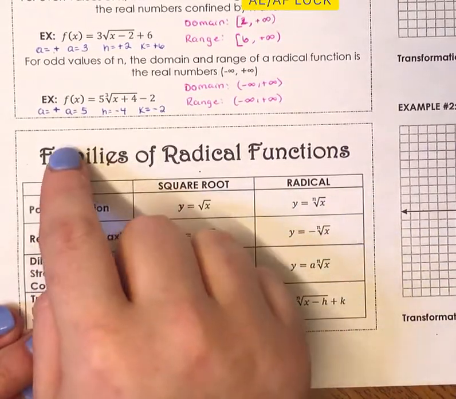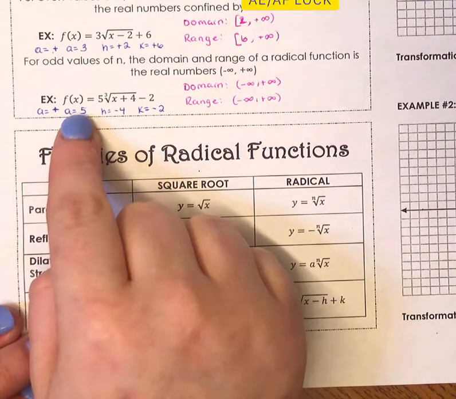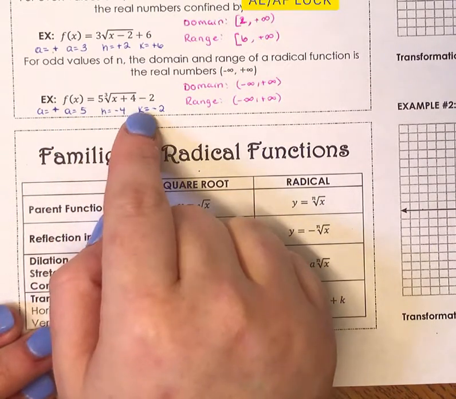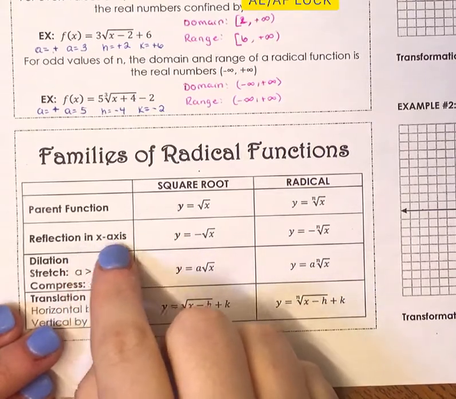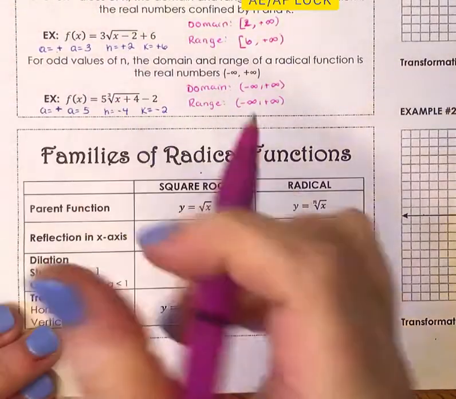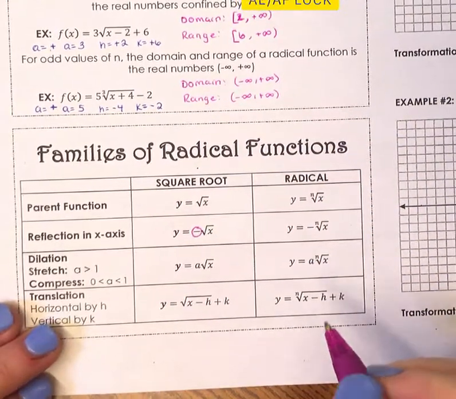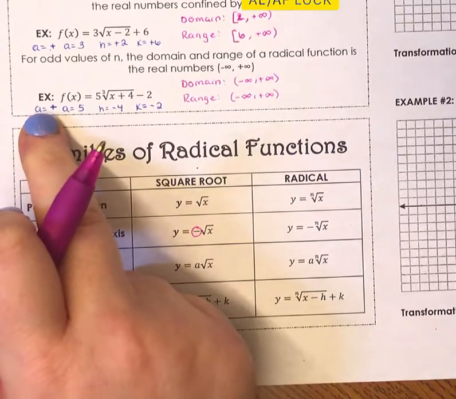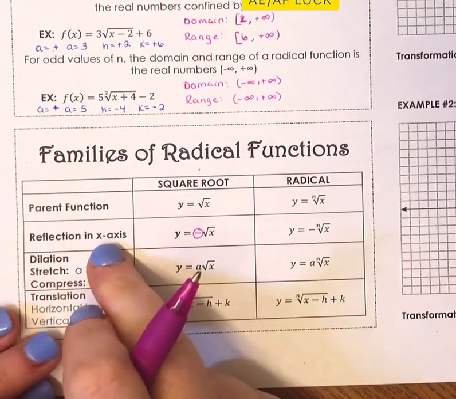The reason we figure out the a value is positive or negative, the a value is a number, the h value, and the k value, is because we need to know what that does to our transformations. So when you have a reflection in the x-axis, you have a negative in the front. Your a value is negative. That's why we want to know is a positive or negative, because the negative makes it a reflection in the x-axis.